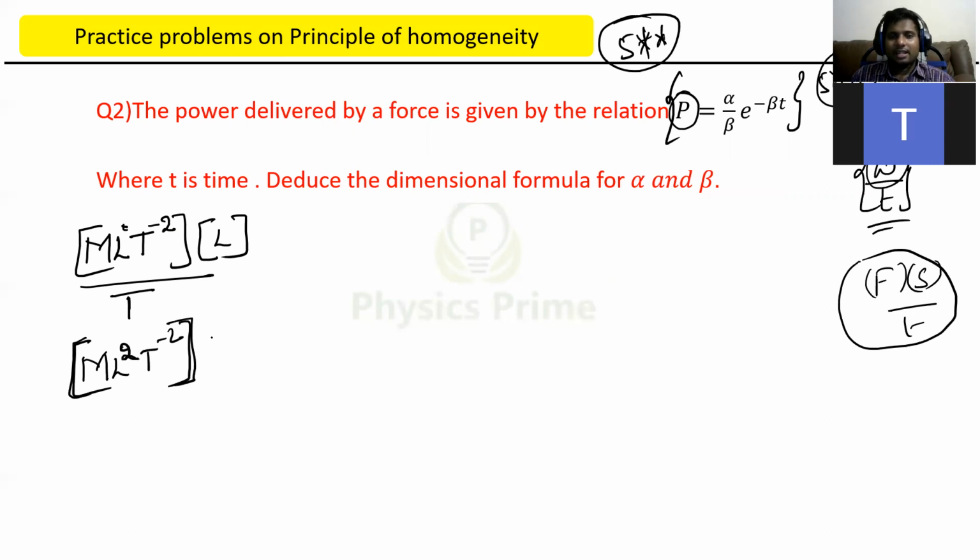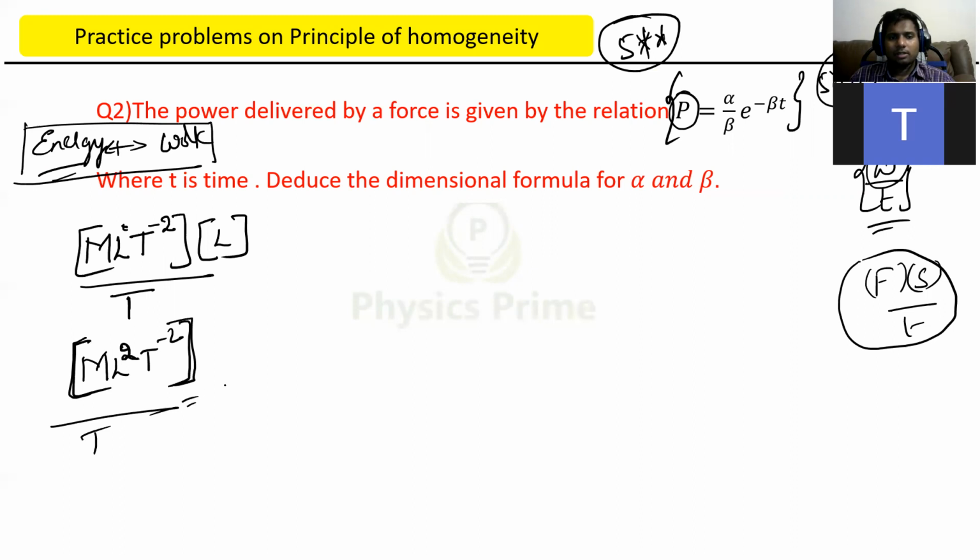Energy and work will have the same dimensions. Very interesting, we'll learn in future in work and energy. So M L square T power minus 2 divided by T means M L square T power minus 3. The power dimensions we got are M L square T power minus 3.